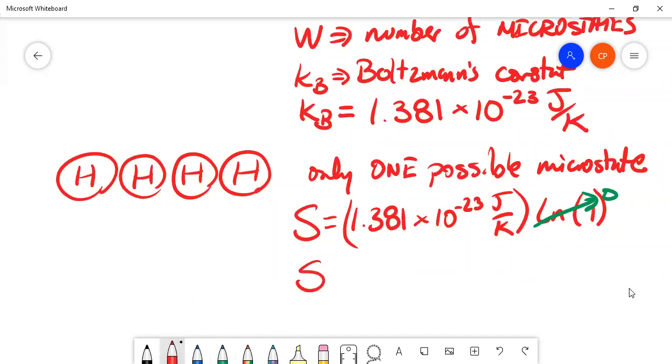And so that constant doesn't matter. The absolute entropy for a single possible microstate is 0.